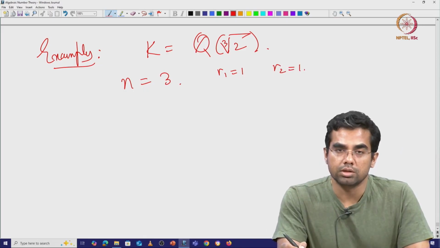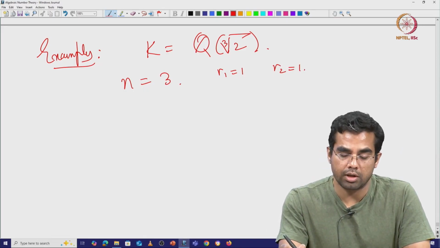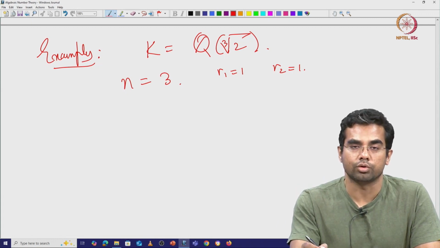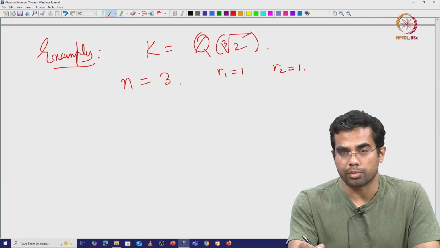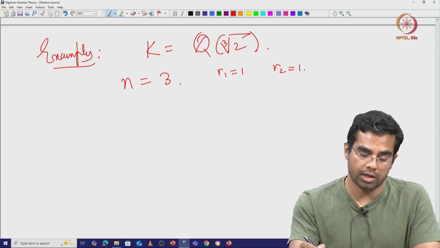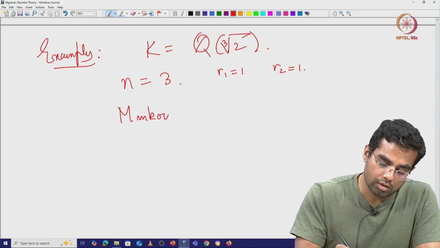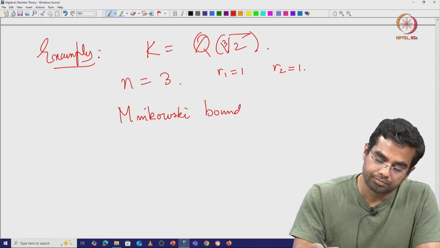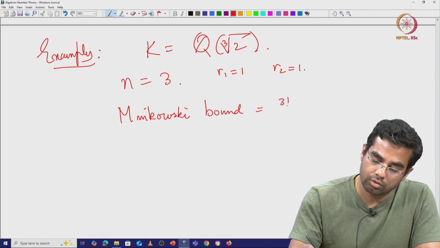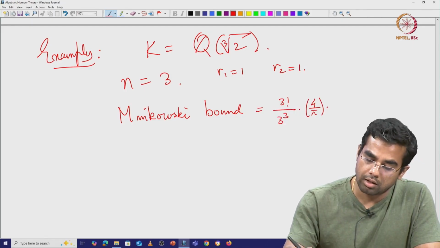So, this number field has one real embedding, which is you take the real cube root of 2, and it has one pair of complex embeddings, so one complex place. And so the Minkowski bound for this becomes 3 factorial by 3 cubed times 4 by pi times the square root of the discriminant.